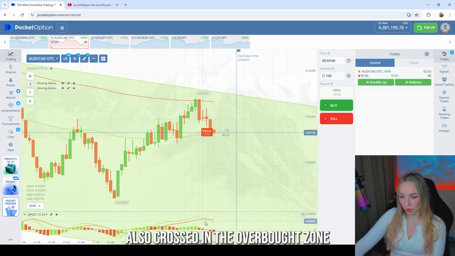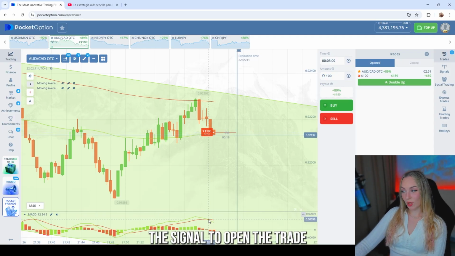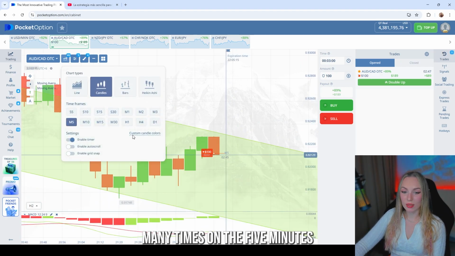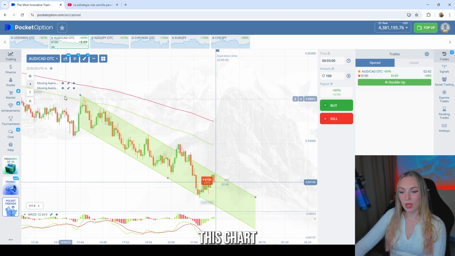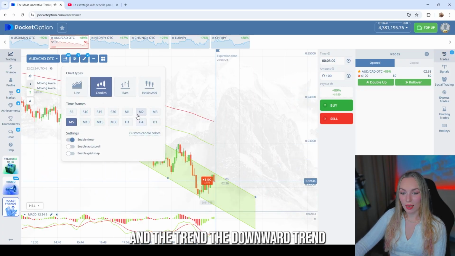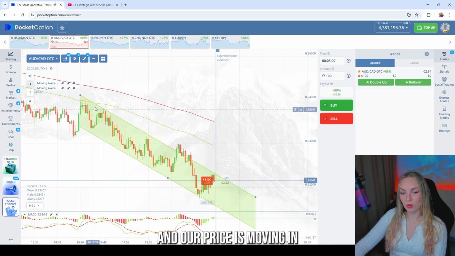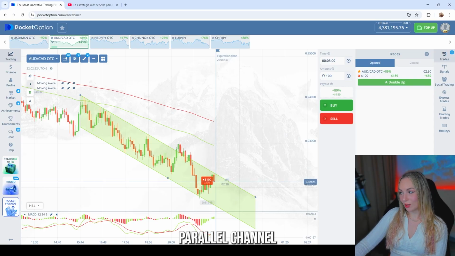MACD also crossed in the overbought zone, so for me it's the signal to open the trade in the downward direction. And as I told you many times, on 5 minutes time frame this chart has a very clear structure and the downward trend, and our price is moving in the downward parallel channel.